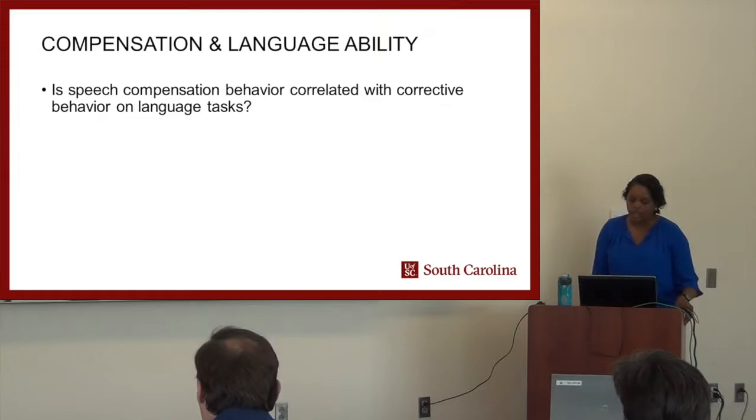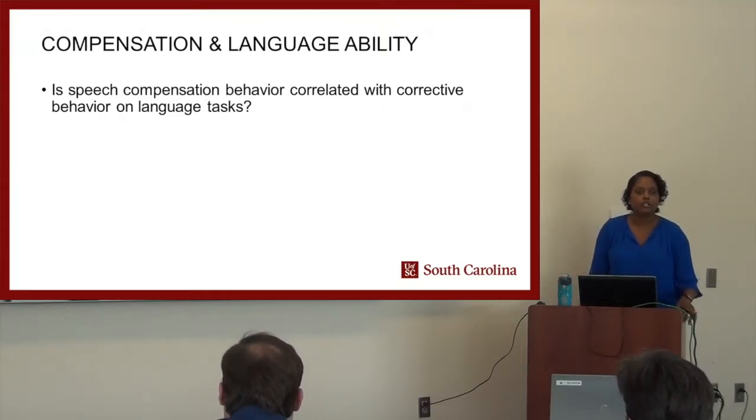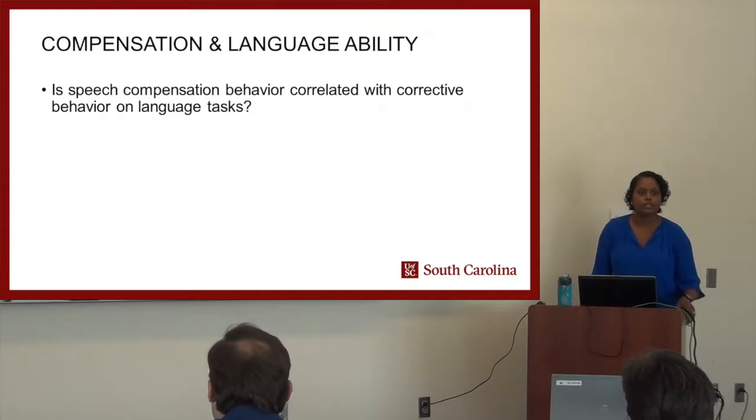And the idea here was that individuals who demonstrate less speech compensation on the AAF task will probably also be the ones who have more difficulty self-correcting during a naming task. If you have difficulty with an automatic detection of errors, then it may be also more difficult when you have to do that consciously.